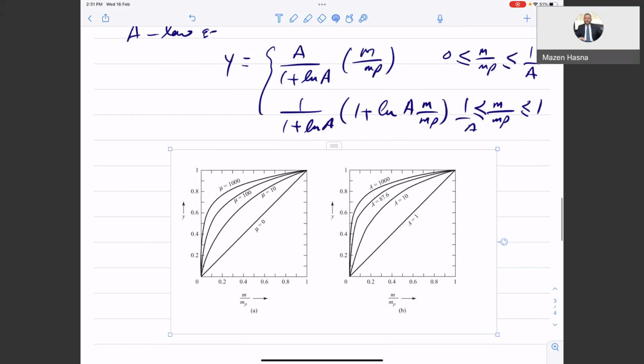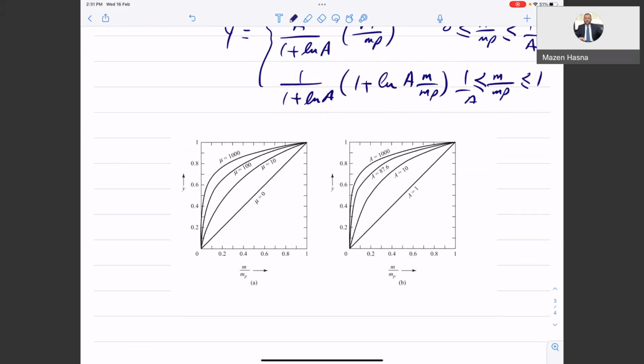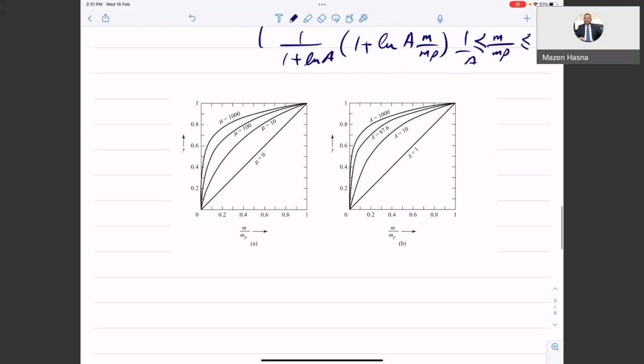This is the input-output relationship using the mu law and the A law. So this is your normalized input signal. The x-axis is the normalized input signal, and this is the output.